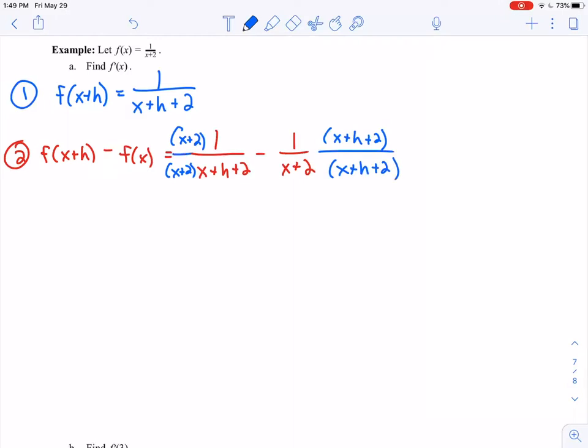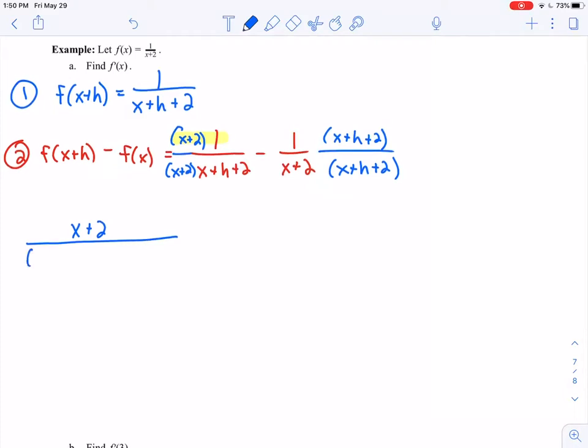So don't worry too much yet. I'm going to show you what happens here. It's actually kind of cool. So in my numerator here, x plus 2 times 1, well, that's just x plus 2. So, okay, that's not too bad. Your denominator, I'm actually going to tell you not to FOIL that out. Don't worry about multiplying that.